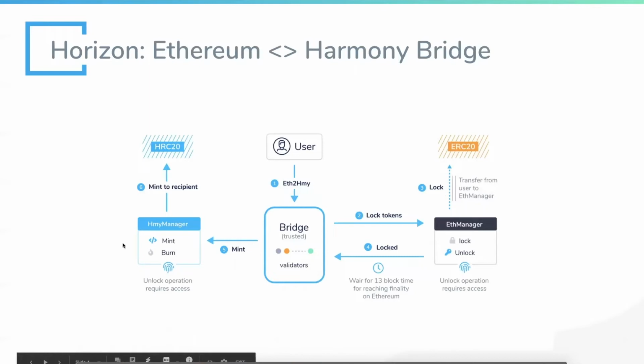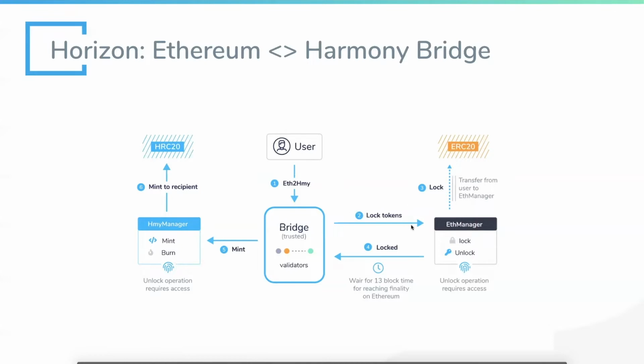Here is a high-level overview picture of the Ethereum to Harmony flow, where the end user is going to submit a request to the bridge to transfer their assets from Ethereum to Harmony. When they submit the request, they are going to sign two transactions. One is approve, to allow transferring the user's token from the user's account to the smart contract.